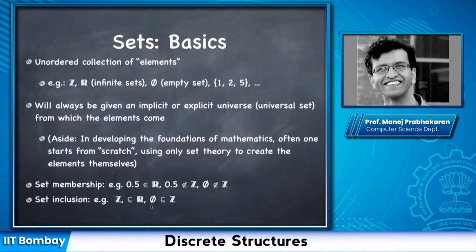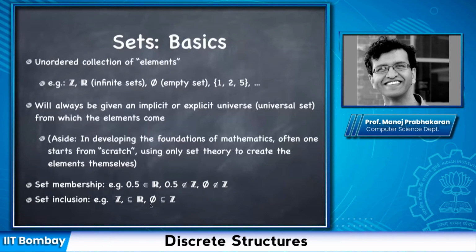However, it is a subset of Z. You could also have other subsets of Z, like this 1 to 5. Z here is a subset of R. So that's set inclusion. This denotes is a subset of.